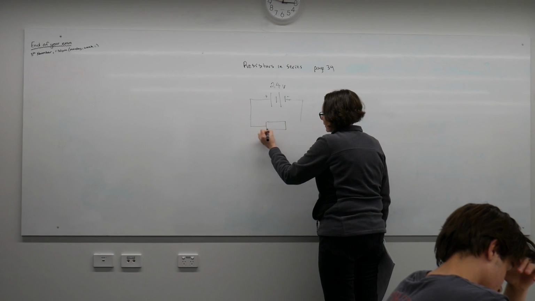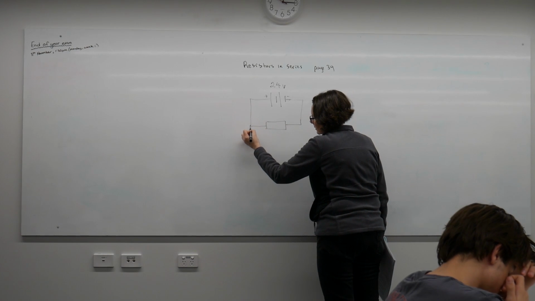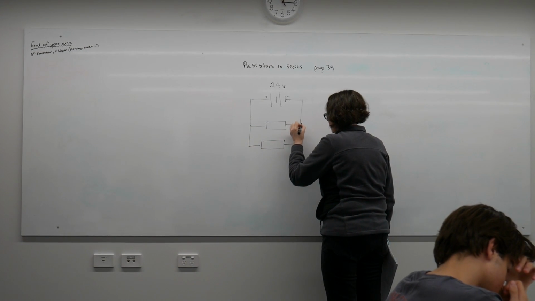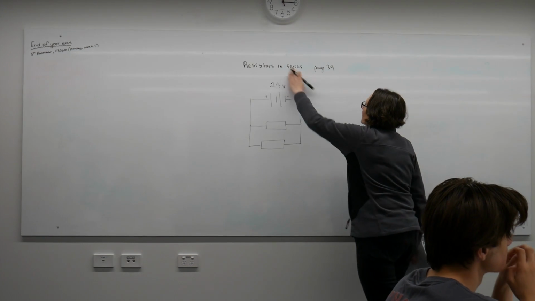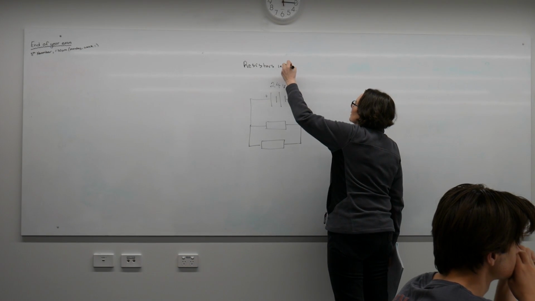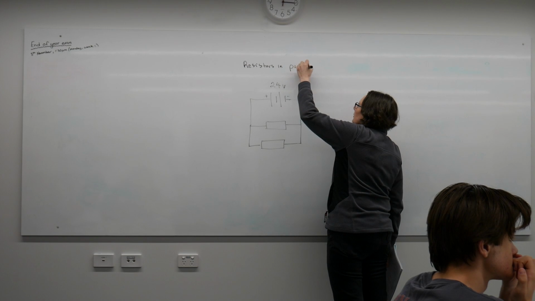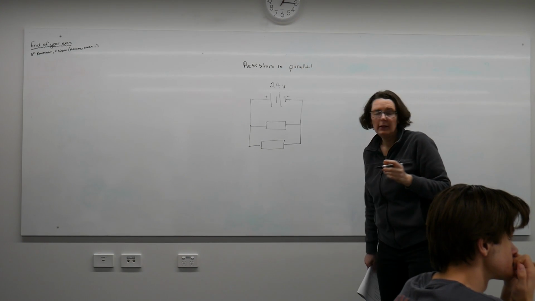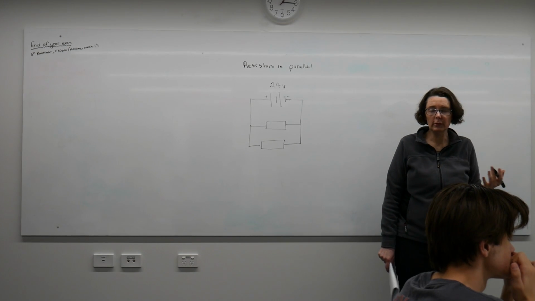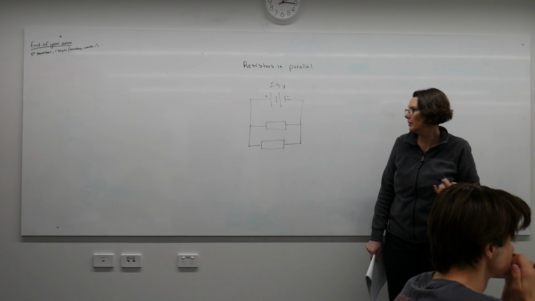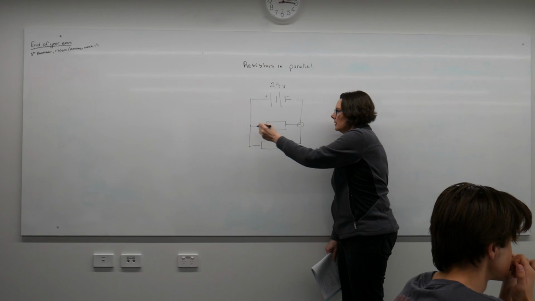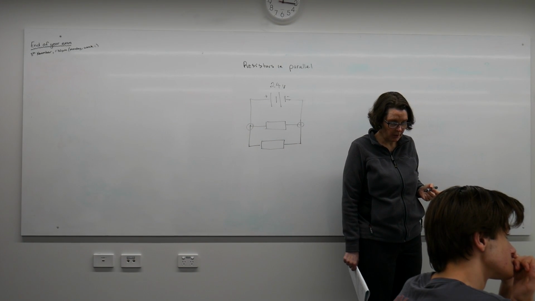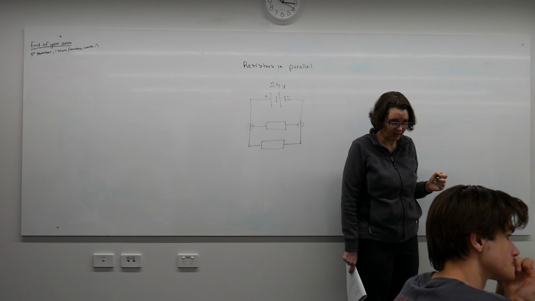Resistors in parallel look like this. Our electrons are moving through our wires, and when they come to these junctions here, there are multiple pathways they can take.